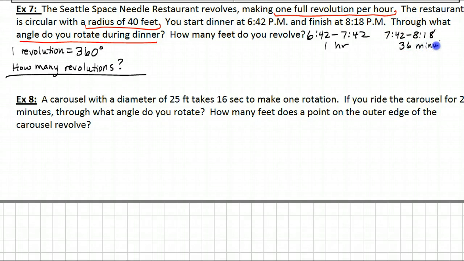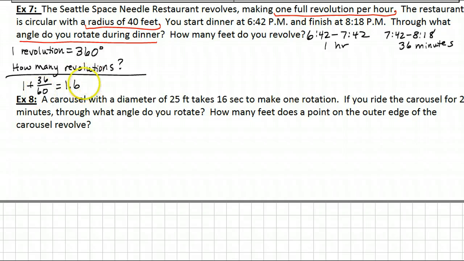So I've got 1 hour and 36 minutes, but I need to put this in a way that I can use my calculator. There's 60 minutes in an hour, so I've got 36 sixtieths of an hour. So 1.6 revolutions if I type that into my calculator.